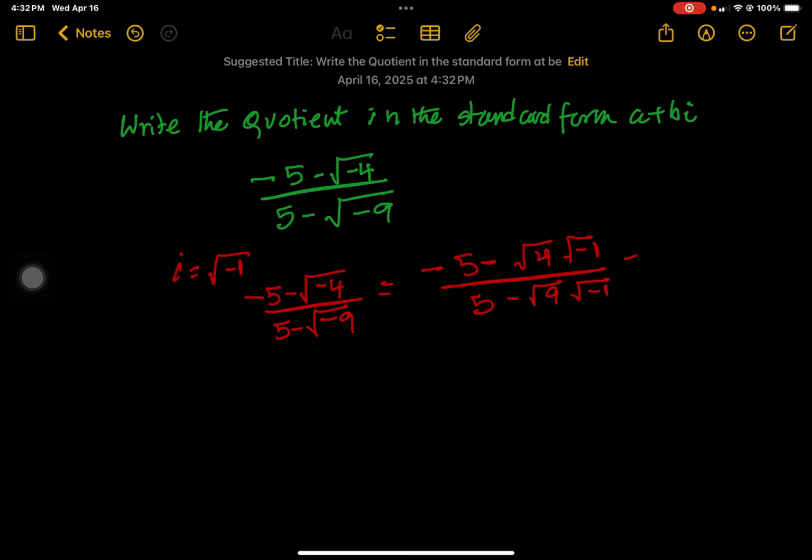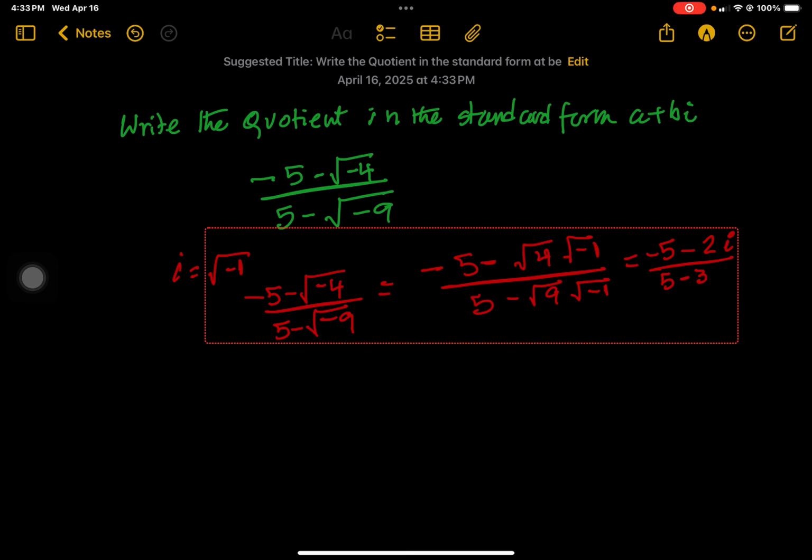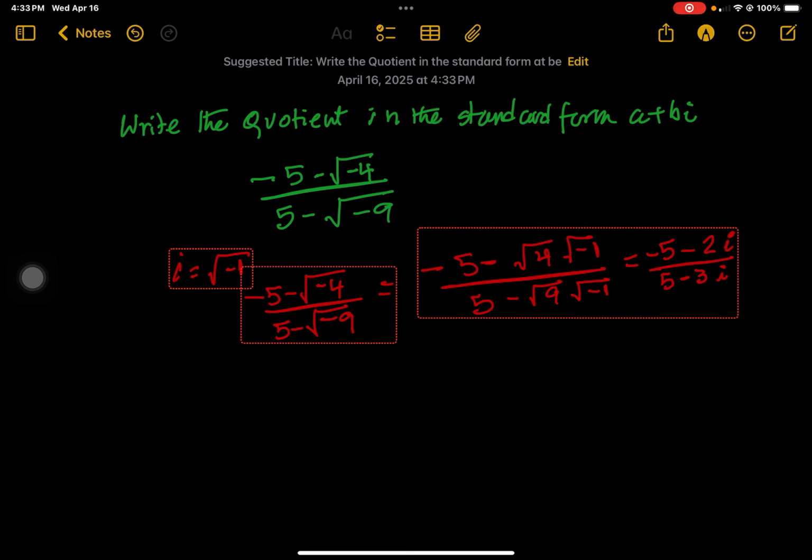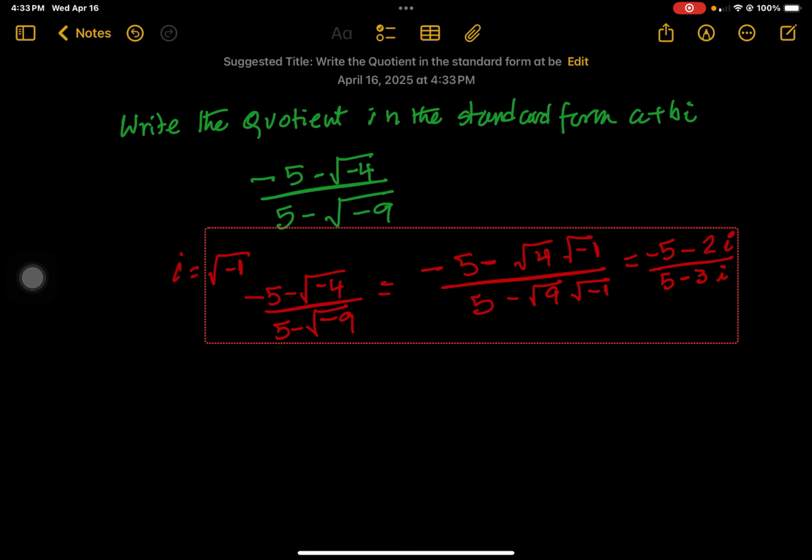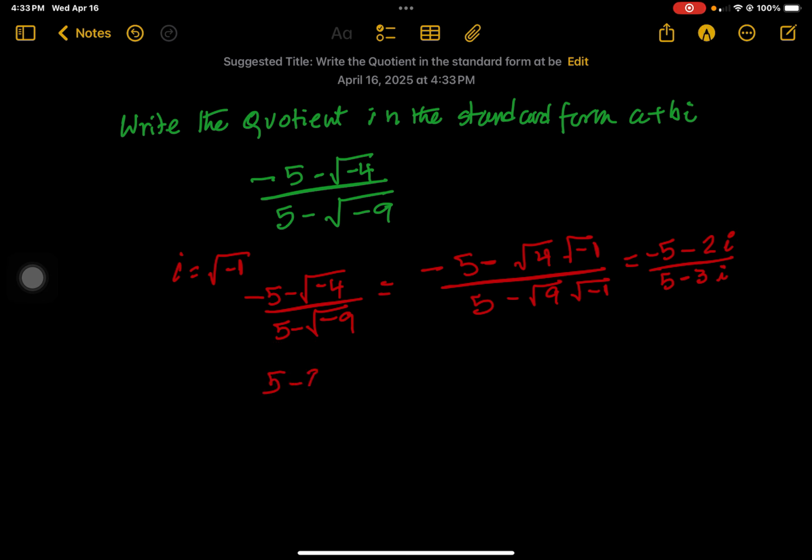So this then becomes minus 5 minus square root of 4 is 2, 2i, divided by 5 minus square root of 9 is 3, and square root of minus 1 is i, where i is the imaginary number. Now we've got to simplify it.